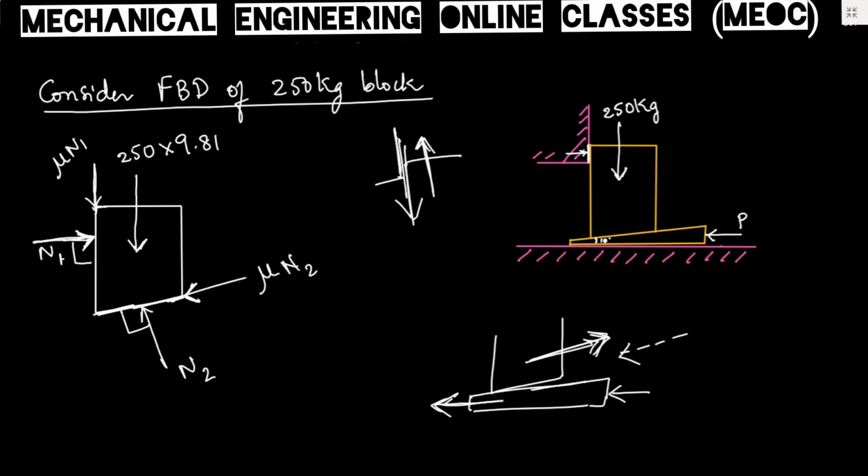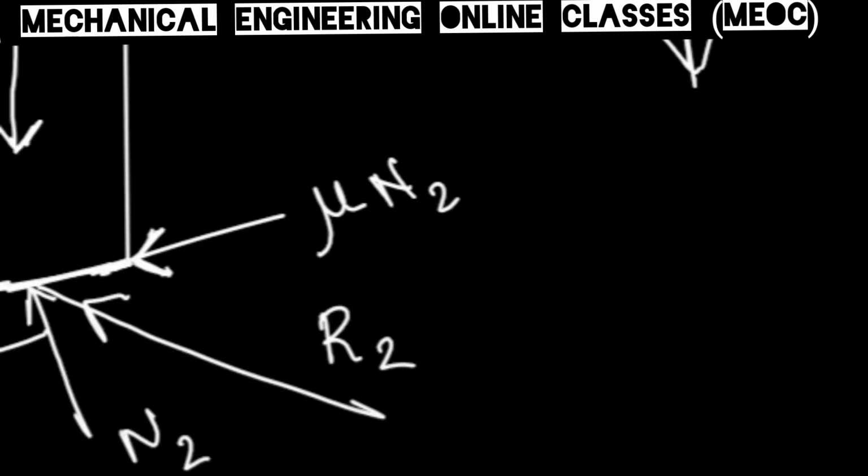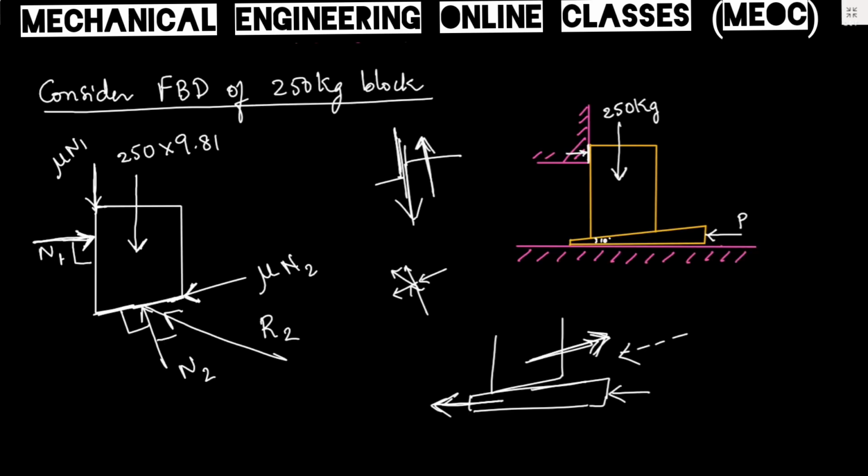Or otherwise, to simplify this FBD, we can find the resultant of the normal reaction and friction. In this particular case, let us assume it is R2, because the normal reaction is N2. Between N2 and mu N2, the reaction will be R2. And we know that phi, the angle of friction, is the angle between the normal reaction and the resultant of normal reaction and the frictional force.